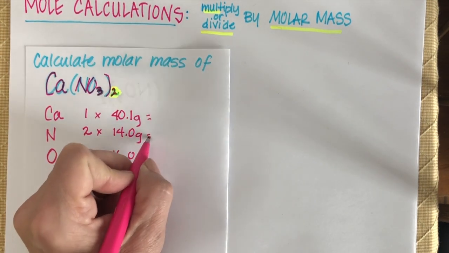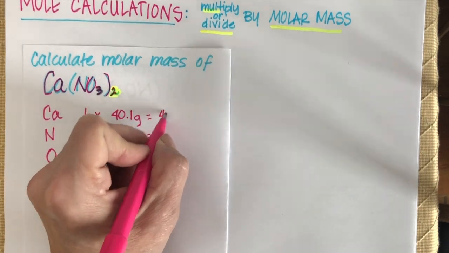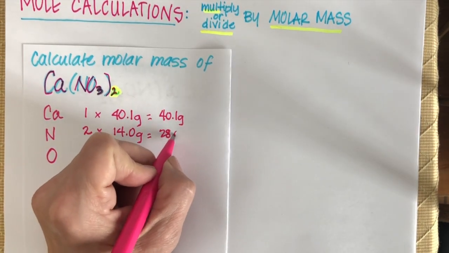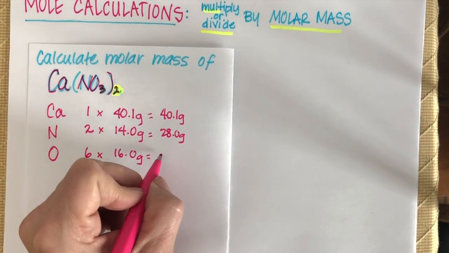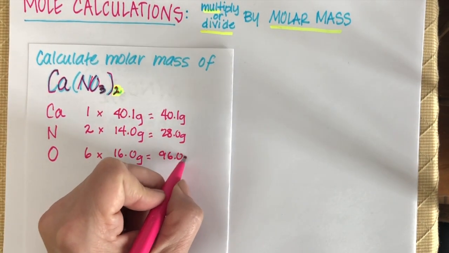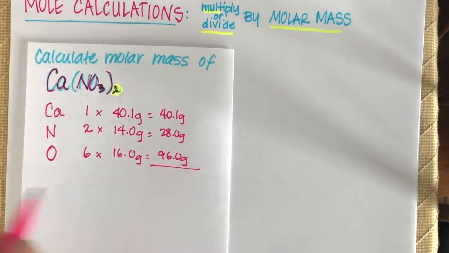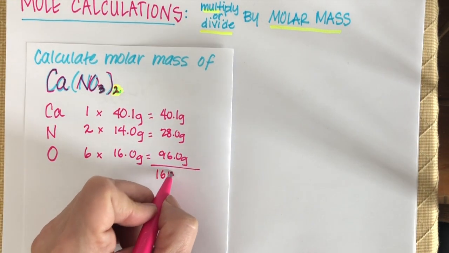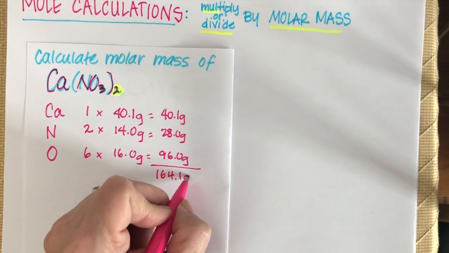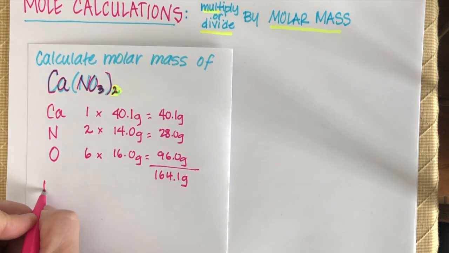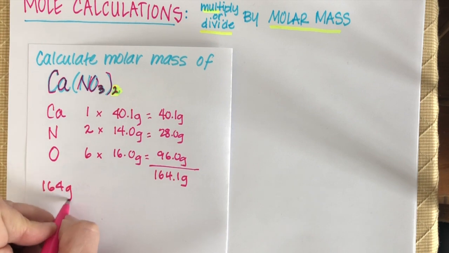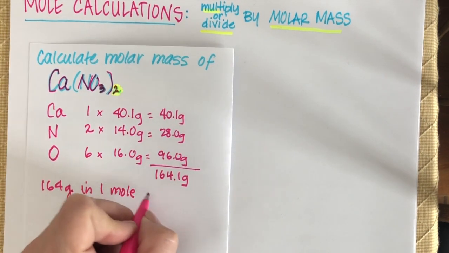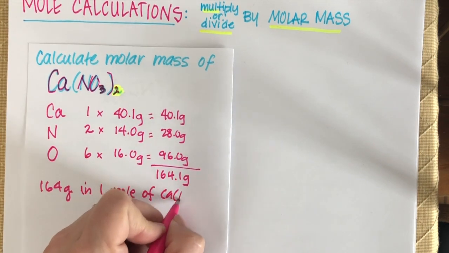Multiplying those through, 40.1 grams of calcium, 28.0 grams of nitrogen, and 96.0 grams of oxygen. Adding them up, the grand total is 164.1 grams. That means there are 164 grams in 1 mole of calcium nitrate.